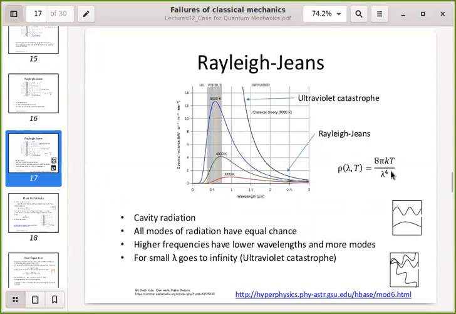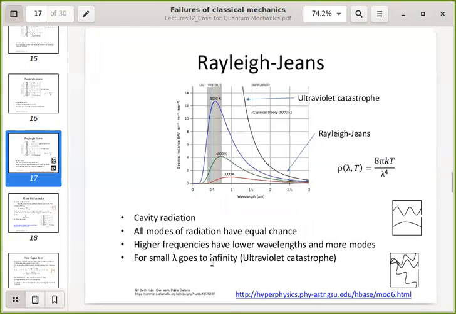And so that's where the 1 over lambda to the fourth comes from. You've got more ways of emitting ultraviolet light than you have of infrared. And so the object should be emitting an unbelievable amount of ultraviolet light simply at room temperatures. And that's not the case. Experiment tells us very clearly that's not the case. And so this has been termed the ultraviolet catastrophe.